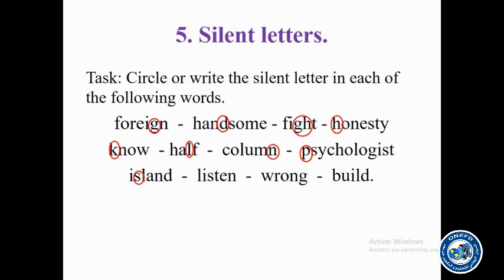Listen. E is silent. Wrong. W is silent. And build. U is silent.